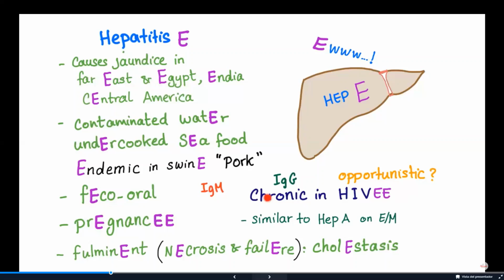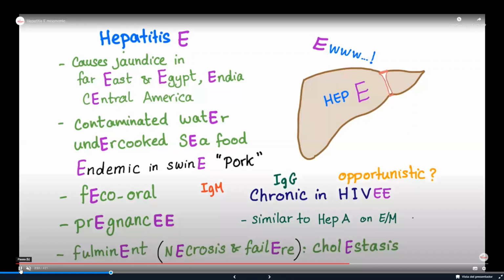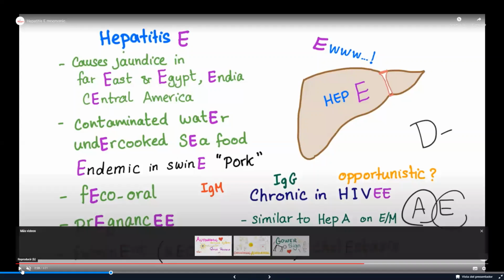So, acute will have IgM antibodies in the blood, and chronic will have anti-HEV IgG. It's very similar to Hep A on electron microscopy. To remember that, A and E are both vowels.